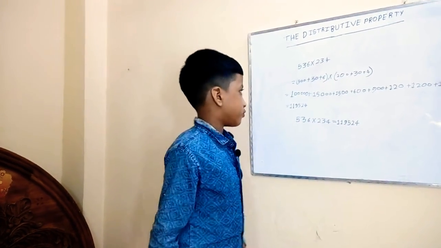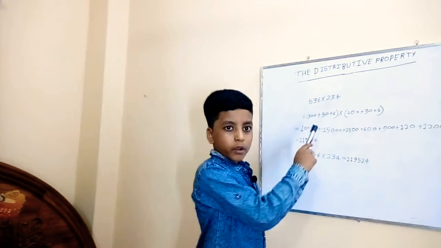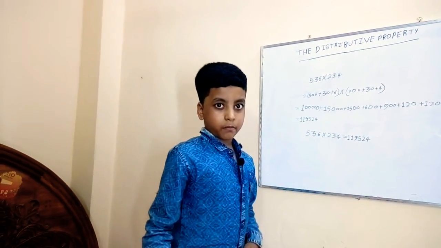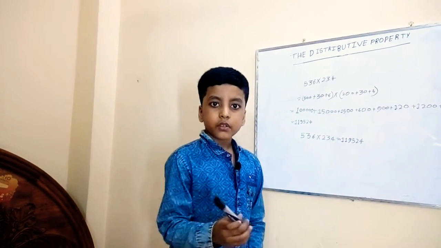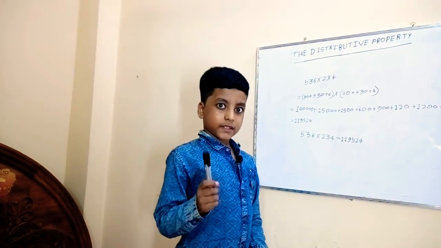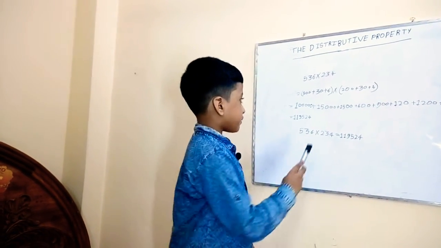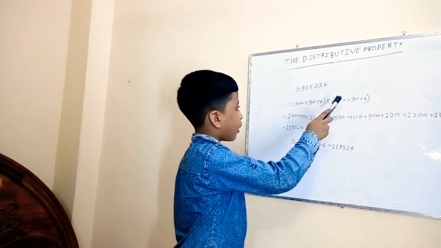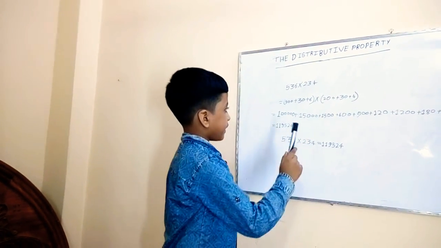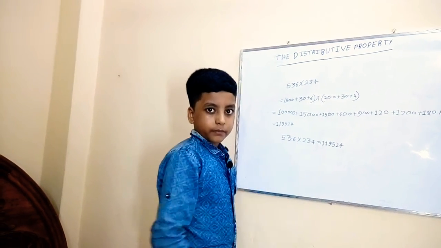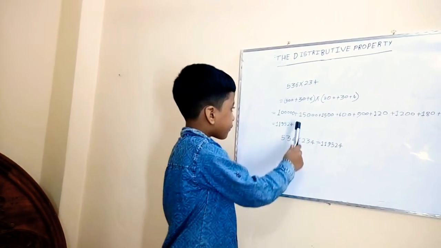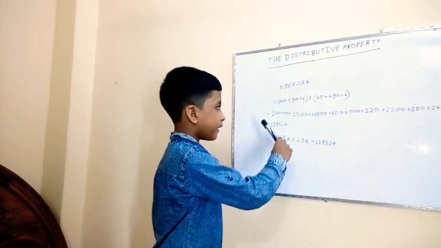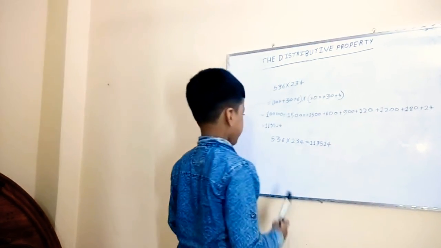And don't forget, when you have the second or the third number being multiplied, or the last number, you need to identify whether the answer is going to be positive or negative. I write a positive sign here because 500 times 30 equals 1,500. You have to write the positive sign, and then add these results and you get your answer.